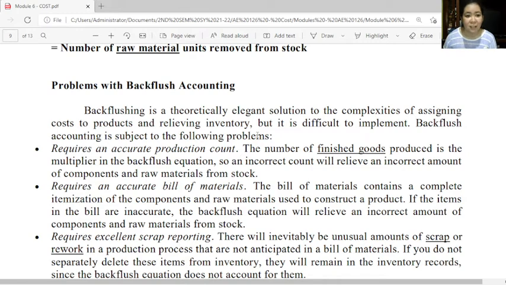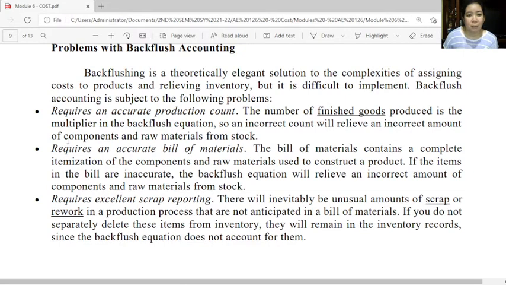So again, this is just applicable for those processes which make the process simpler, okay, and this is not 100% applied to all production. So going back to the problems, because of these problems, that's why backflush accounting is not implemented 100%.